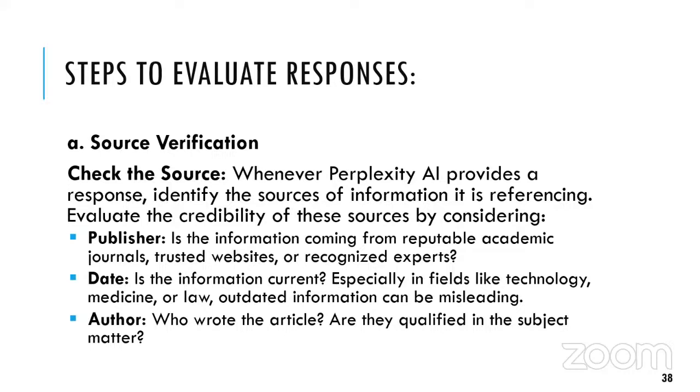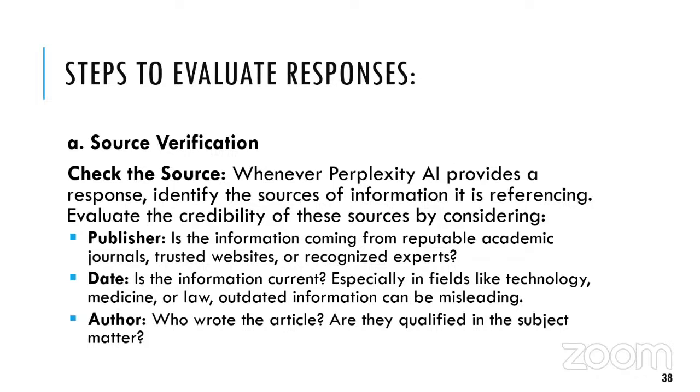So how do you do it? What are the steps? Number one, you have to check the source verification. Check the sources that Perplexity AI is using in referencing the answer provided.